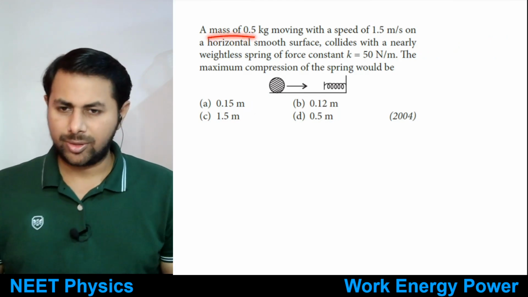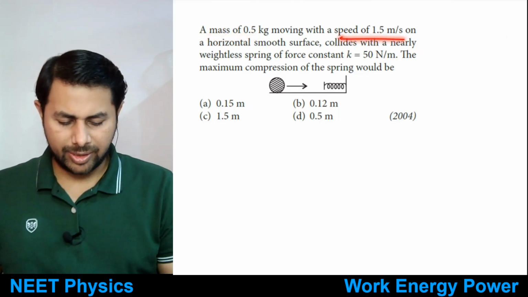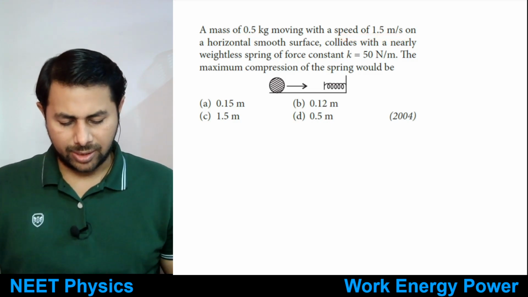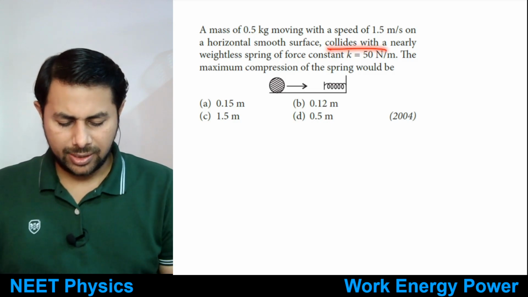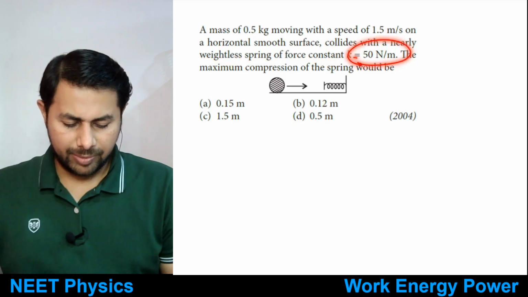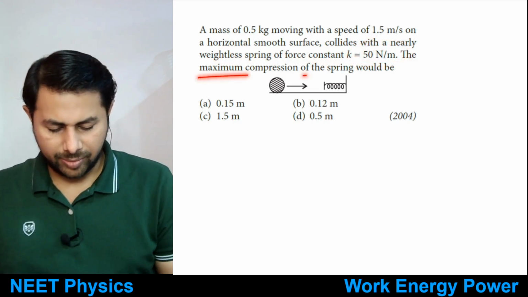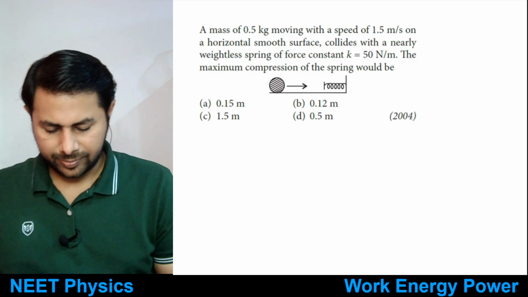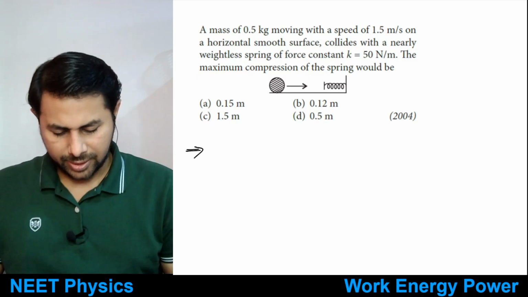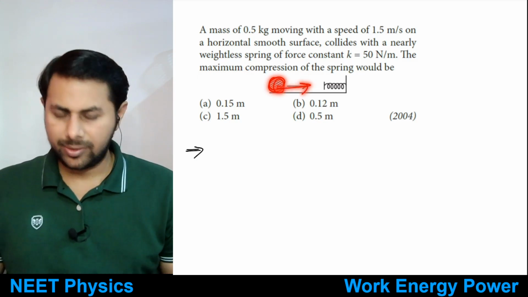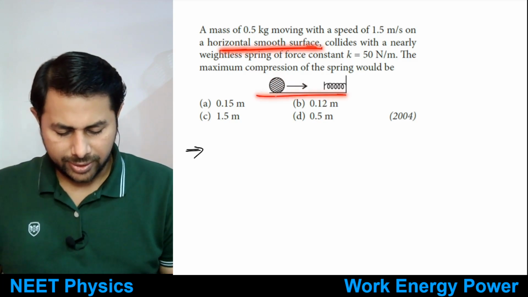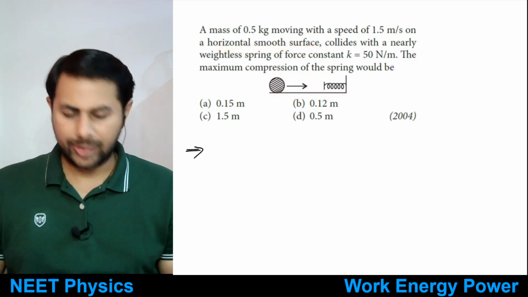A mass of 0.5 kg moving with a speed of 1.5 meter per second on a horizontal smooth surface collides with a nearly weightless spring of force constant 50 Newton per meter. The maximum compression of the spring would be. So this mass is moving with some speed on the horizontal smooth surface, so there is no loss of energy.